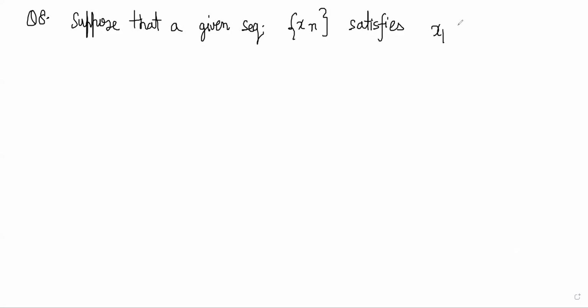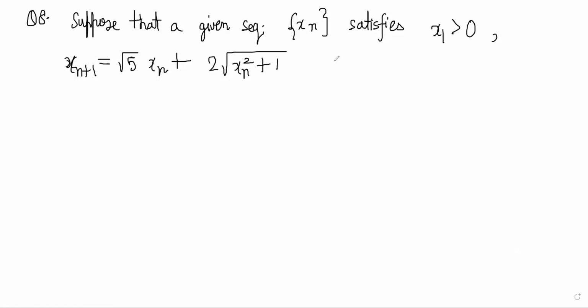Suppose that a given sequence xn satisfies x1 is greater than 0 and x of n plus 1 is equal to root 5 xn plus twice of root over xn square plus 1 for n belongs to natural numbers.